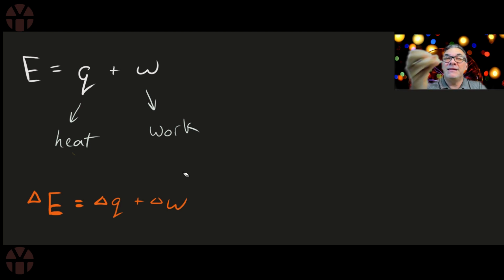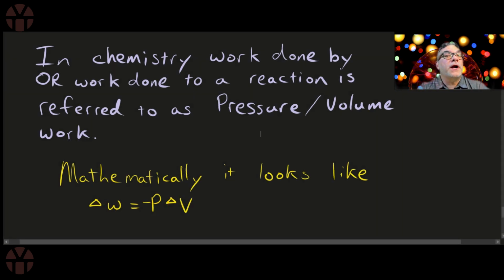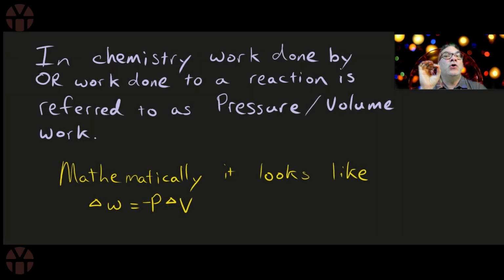So now the million-dollar question is, well, I understood that whole work example, but how does a firecracker or a match burning, right, do work, quote unquote? How does a reaction do work? And so in order to answer this question, we have to understand a new concept known as pressure volume work.